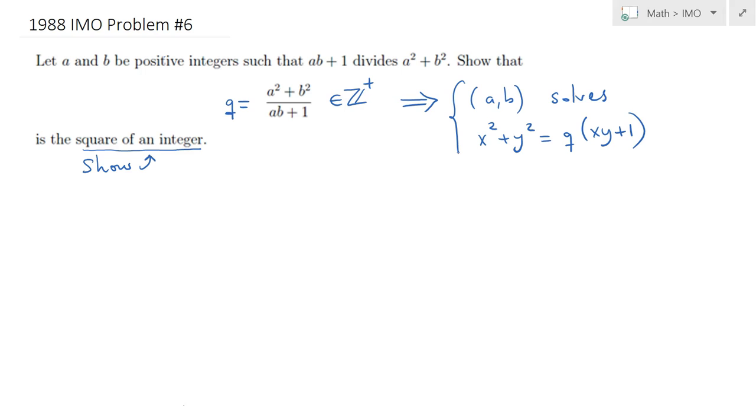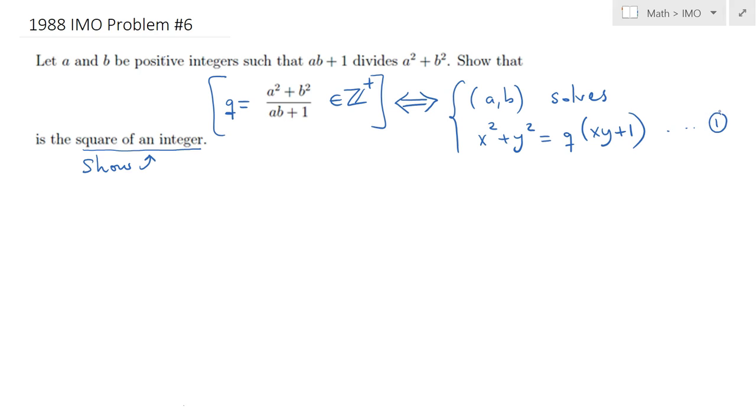So the given expression here is equivalent to saying this. We know that the pair AB, if I replace x with A and y with B in this equation, is a solution. So that satisfies this condition, right? Let's call it condition 1.